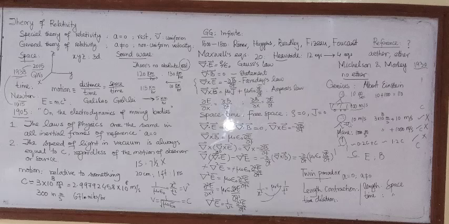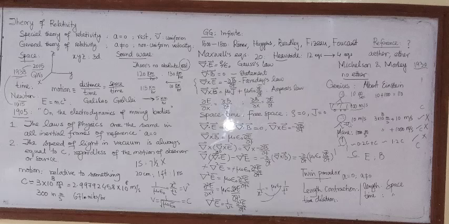Now this observer is moving on a moving train, and the train itself is moving, let's say, 100 meters per second. So what will be the net velocity of this person? The net velocity will be 10 plus 100, and it will be 110. This is Galilean motion algebra, this is Newtonian motion algebra.